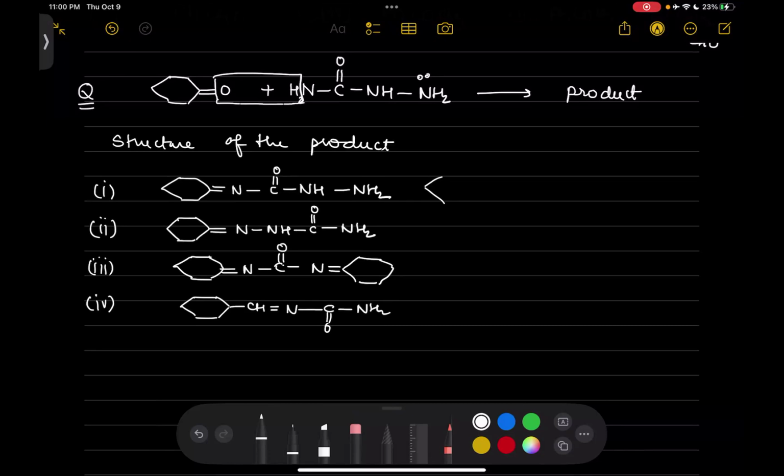Deliberately, I have shown that nitrogen so that you can remove the water and form the wrong product. But be careful. This is not the nitrogen which is reacting. It is the nitrogen which is away from the carbonyl, which is the most reactive one. Clear or not? Any doubts in this?